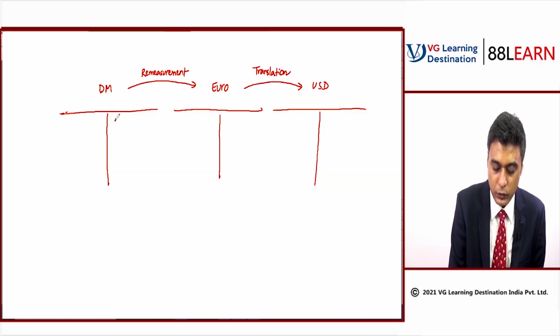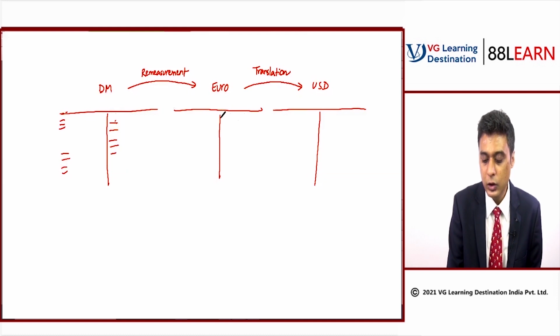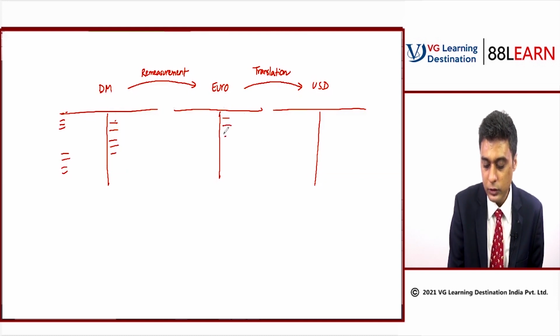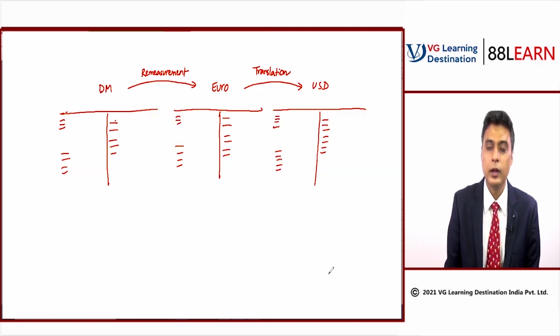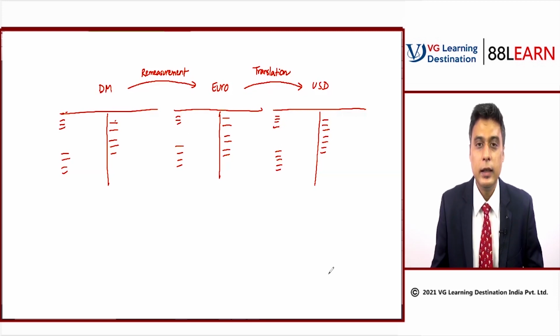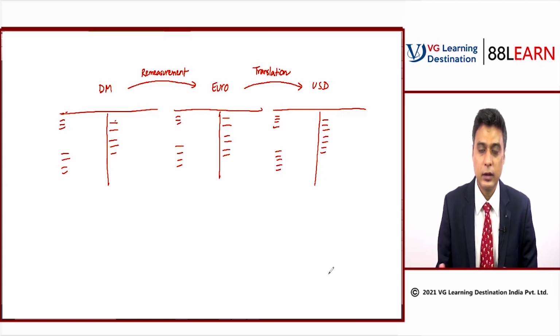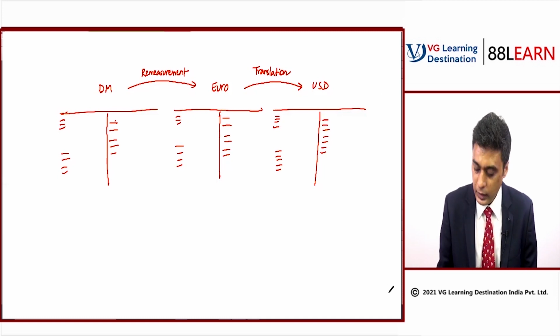So we will use the rules of remeasurement method to convert these items into the Euro balance sheet. And then from Euro to USD, we are going to use the translation method rules to convert. Okay, so now that you have the overview, we can get into the material.